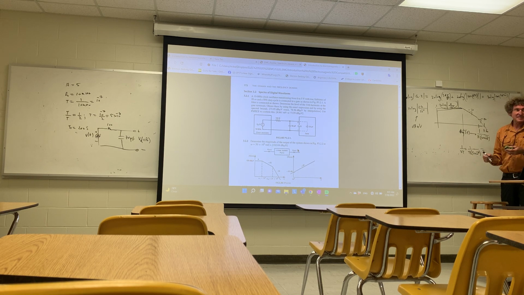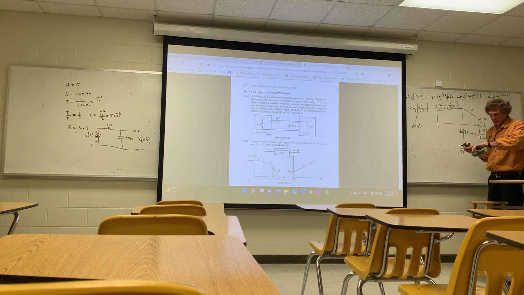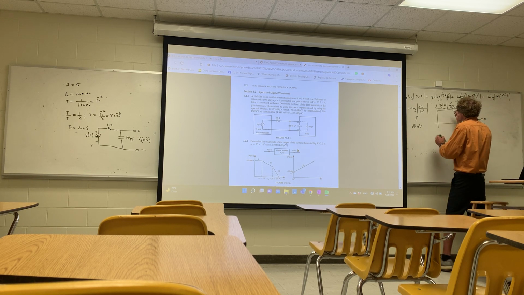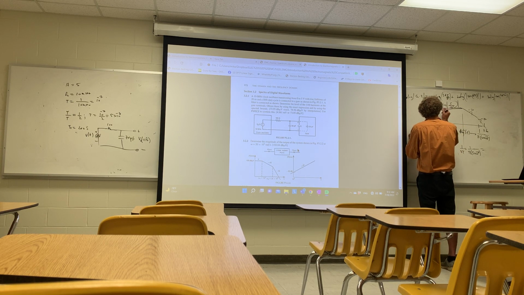If you do 5 over 10 to the minus 6, and then take the log of it, log base 10 times 20, I think it's about 133.98. All right, so this comes in at 133.98 dB microvolts right here.